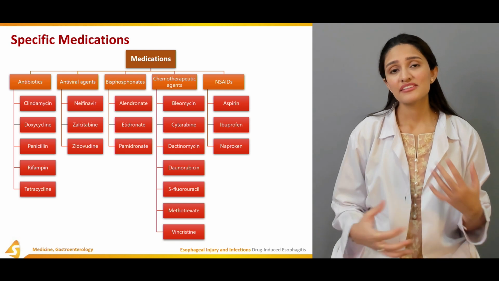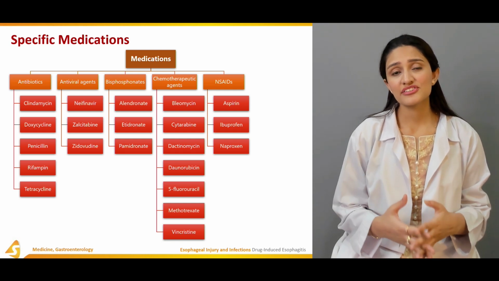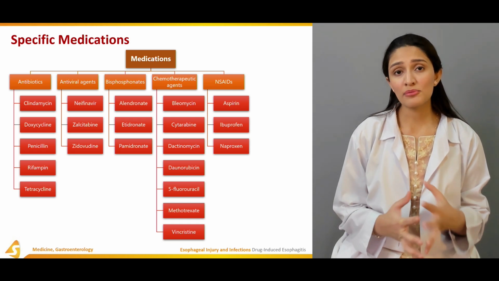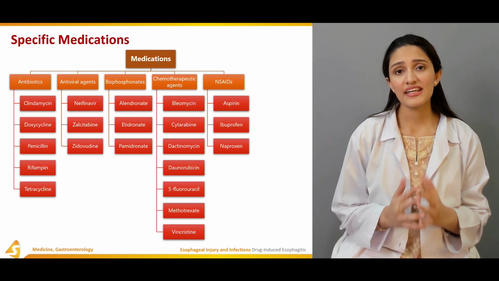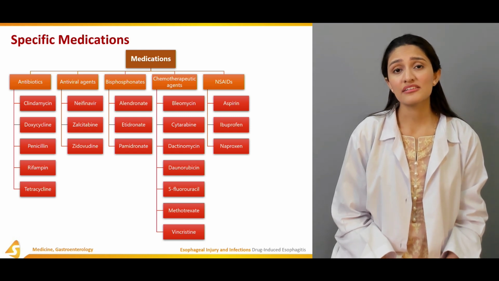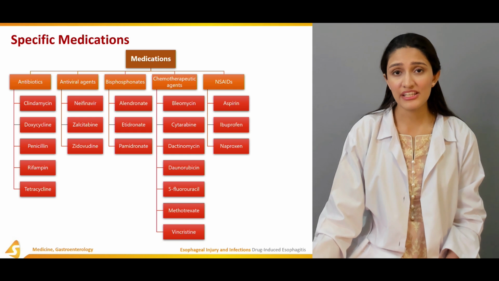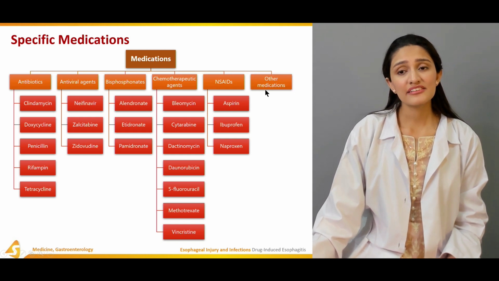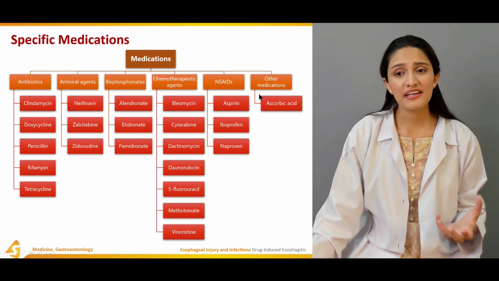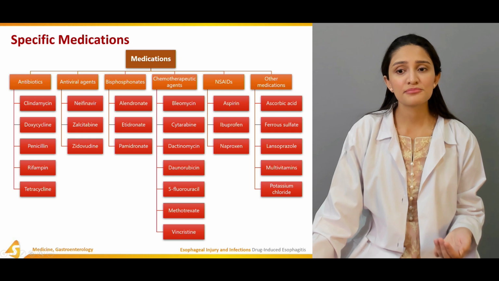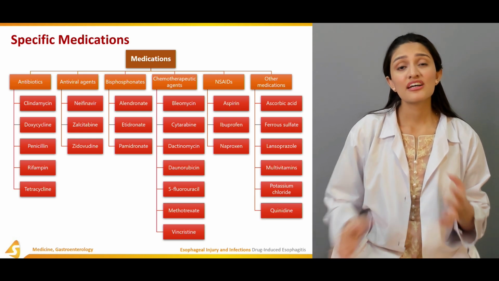Because of the continuous use of these medications, they can cause drug-induced esophagitis. The very common complication caused by NSAIDs is hemorrhage. Other medications include ascorbic acid, ferrous sulfate, lansoprazole, multivitamins, potassium chloride, and quinidine.